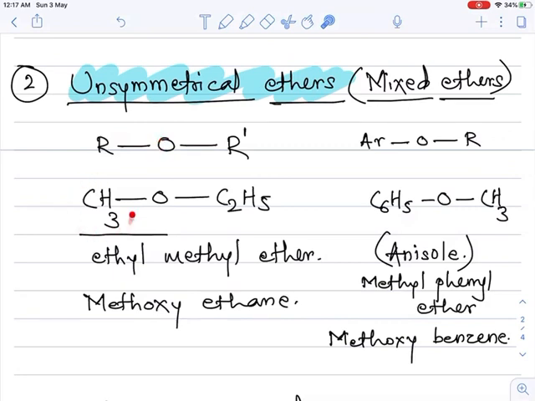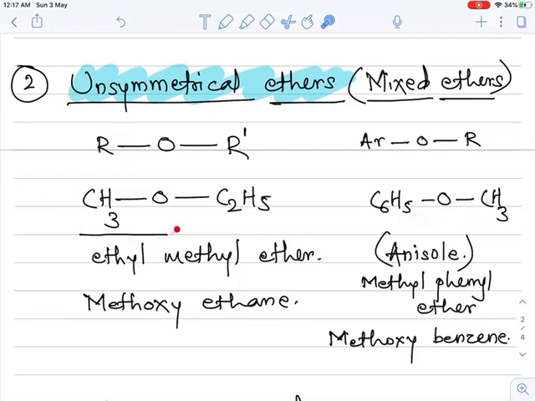If we take a first example, CH3OC2H5. This is an ethyl group, and this is a methyl group with the ether. According to alphabetical order, ethyl comes first, so ethyl methyl ether is its common name. And what is the IUPAC name of this compound?